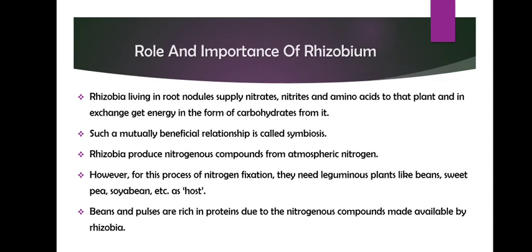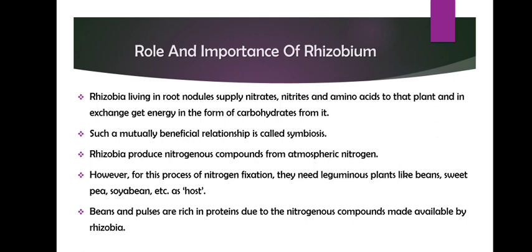Rhizobia, which live in root nodules, supply nitrates, nitrites and amino acids to that plant, and in exchange get energy in the form of carbohydrates from it. Now, such a mutually beneficial relationship is called symbiosis, because both are benefited from each other.